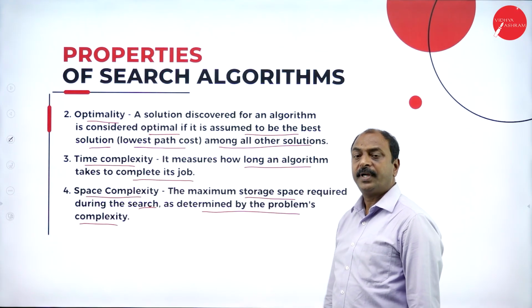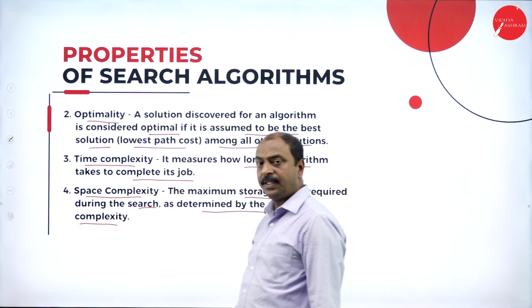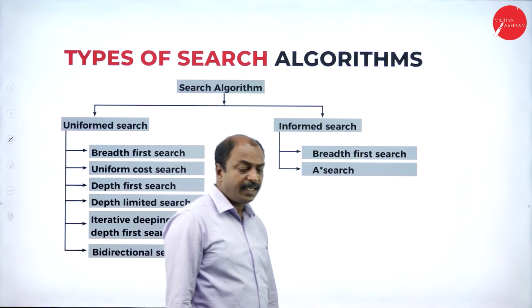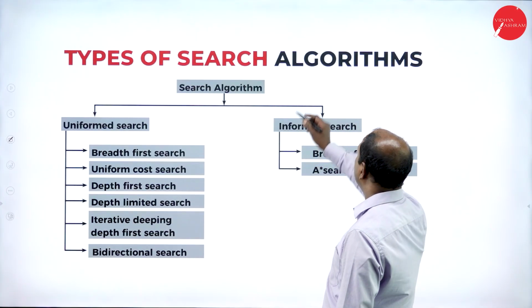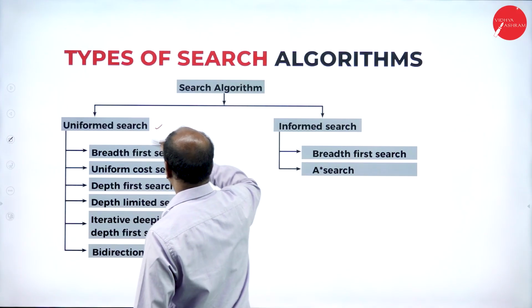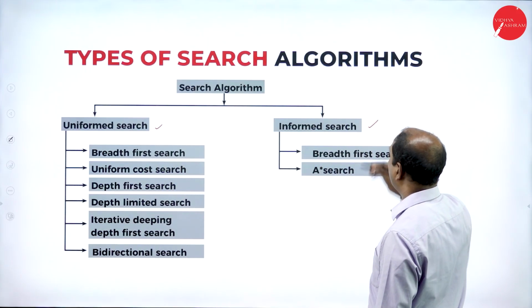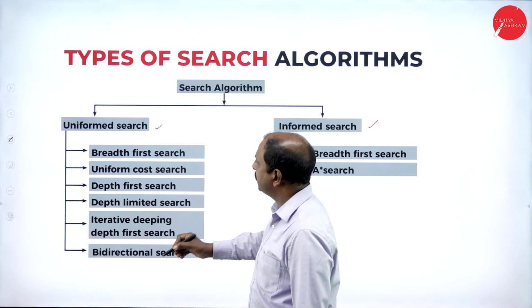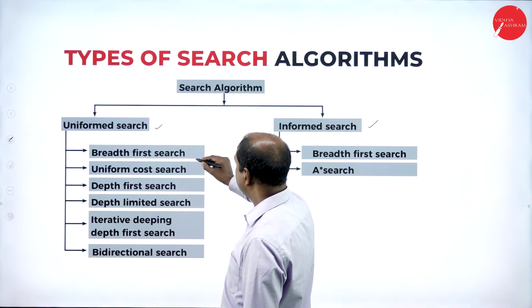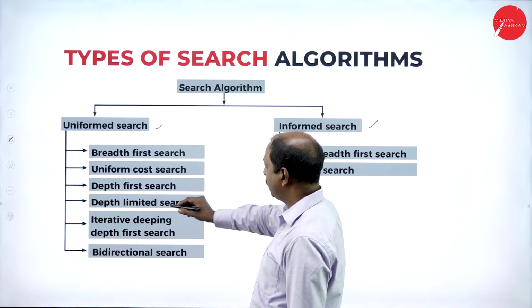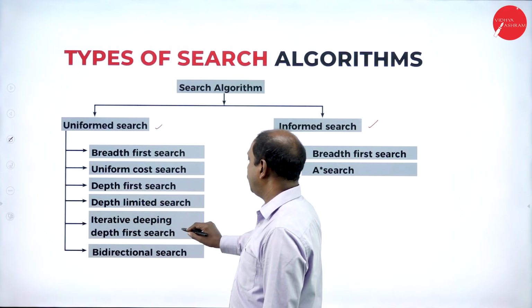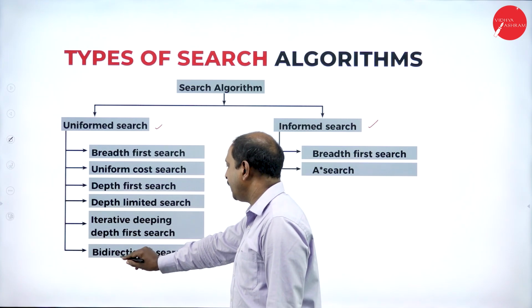These are all the different factors or important points to be considered while you are working with search algorithms. In the next slide, we will see the different types of search algorithms. Basically there are two types: one is uninformed, the second one is informed. Under uninformed search, we have different types: breadth first search, uniform cost search, depth first search, depth limited search, iterative deepening depth first search, and bidirectional search.